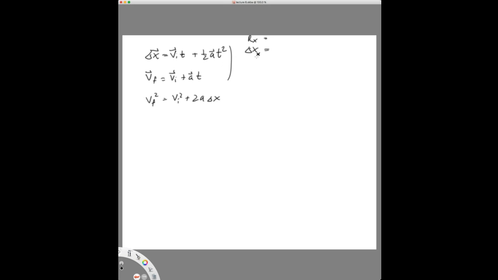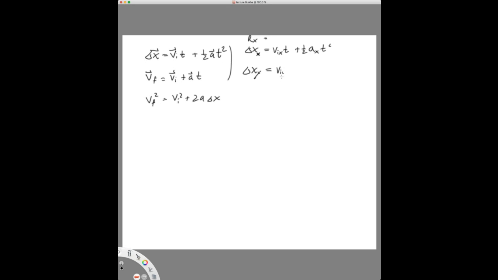So delta x, x component should be v initial x component times time plus 1/2 a x component times time squared. And the y component of the displacement. Again, that looks funny because we have been a little sloppy using delta x for every direction. We used it for side to side when we were talking about a train or a girl on a bicycle, and we used it for up and down when we talked about dropping a coin out of a hot air balloon. And so that's kind of a generic displacement.